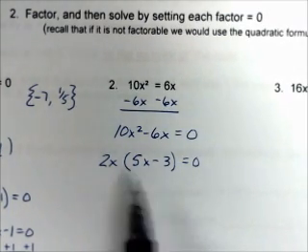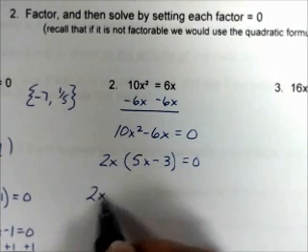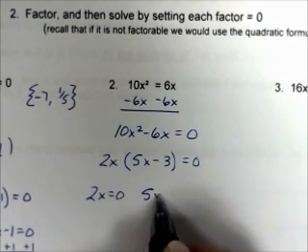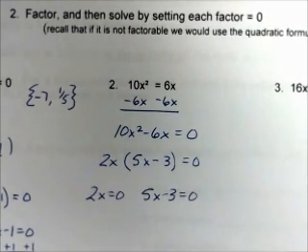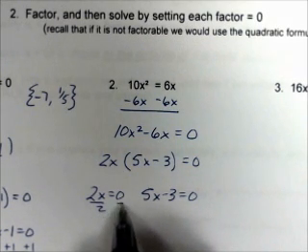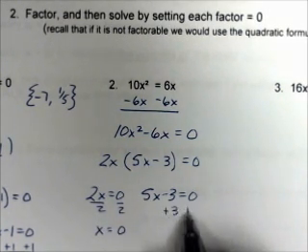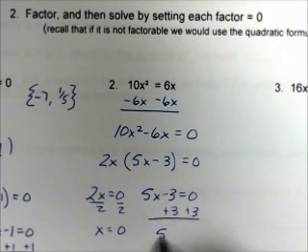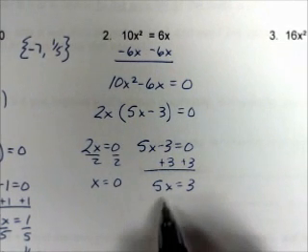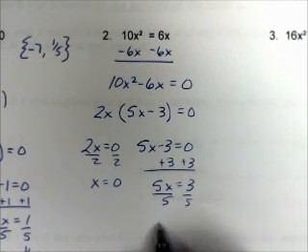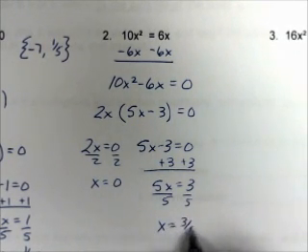Set each factor equal to 0. 2x equals 0, 5x minus 3 equals 0. Divide both sides by 2 here, x equals 0. Add 3 to both sides, 5x equals 3, and divide by 5, x equals 3/5.